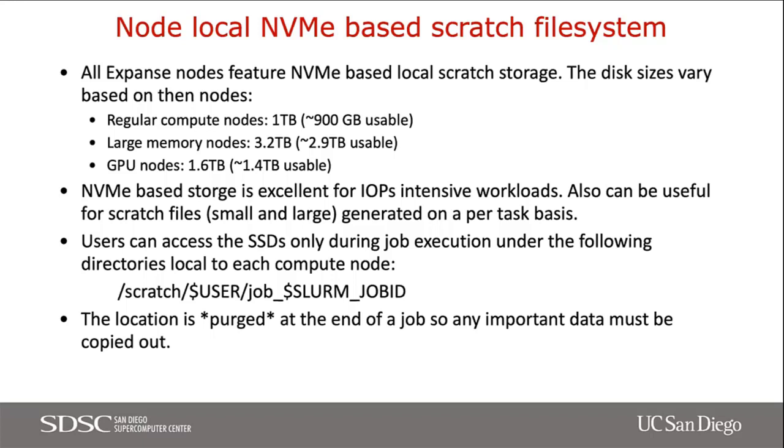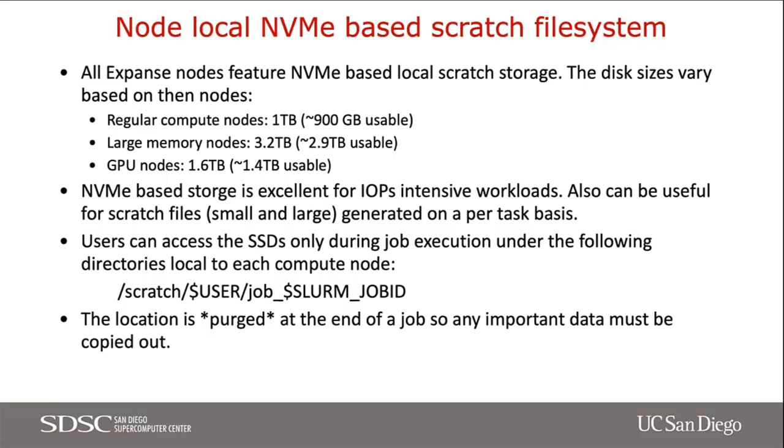The large memory nodes have 3.2 terabytes of local disk and about 2.9 terabytes usable. The GPU nodes have 1.6 terabytes of local storage, about 1.4 terabytes usable. This is excellent for IOPS intensive workloads. It's also pretty good in performance with large files too, as long as they fit in the storage that is there.